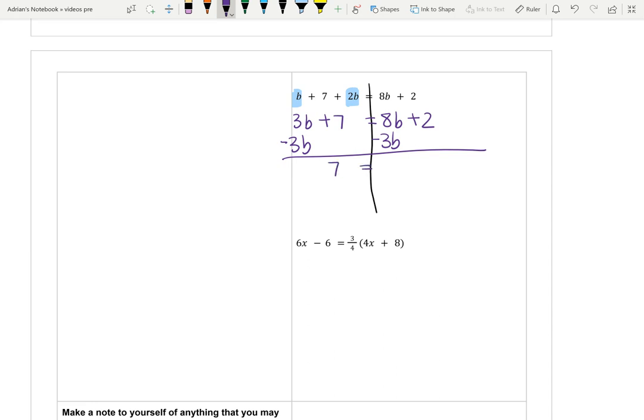So I get 7 equals 5b plus 2. And now I still want to get that 5b alone, so I'm going to minus my 2. And I get 5 equals 5b. Divide by the number in front of the letter. And I get that b is 1.